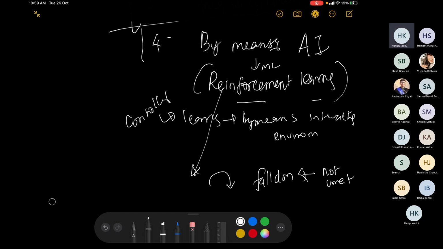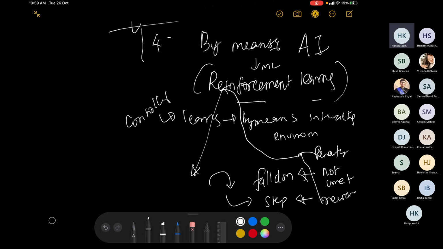Then it does a good step and does not fall, so you appreciate it: good, reward. So this is reward, and the other is called penalty. You tell it, okay, you are not going to do that. This reward and penalty would reinforce its brain, and eventually it works well.